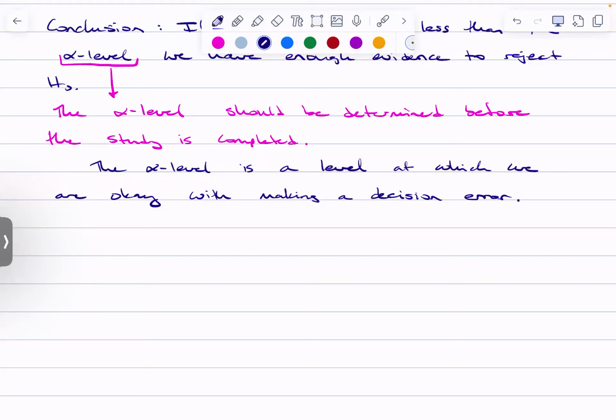There are two decision errors that we could make. There's a type 1 error and a type 2 error, and they are different.